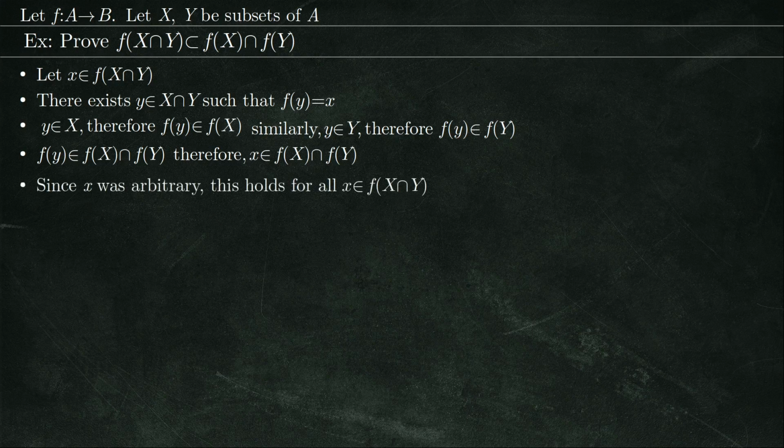And since x, the initial point we picked, was arbitrary, this holds for all x in f of X intersect Y, and therefore it holds in general, and therefore f of X intersect Y is a subset.